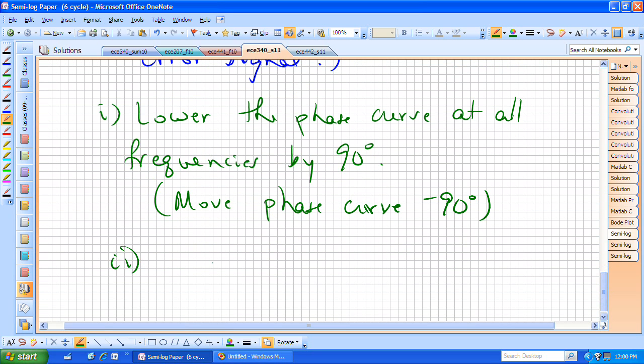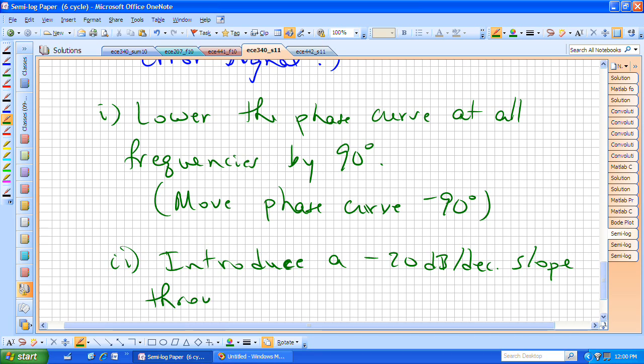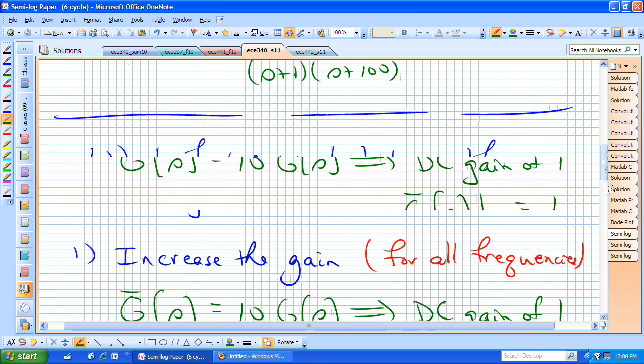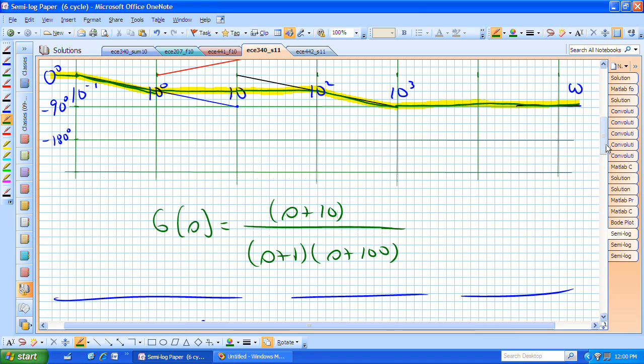The magnitude plot is a little bit more interesting, but really all it's doing is introducing a minus 20 dB per decade shift or slope change throughout the gain curve.